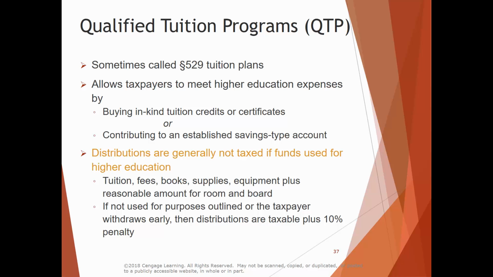So the last big topic in this section is how do you fund education? There's a number of ways that you do it. This is pretty important stuff. One way that you can use tax-deferred instruments to fund education are called QTPs, Qualified Tuition Programs. Have you ever heard of Section 529s?